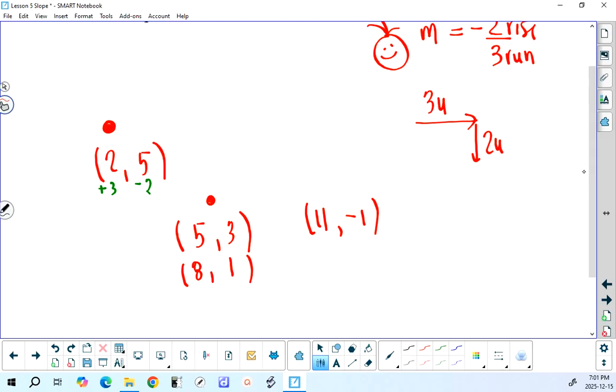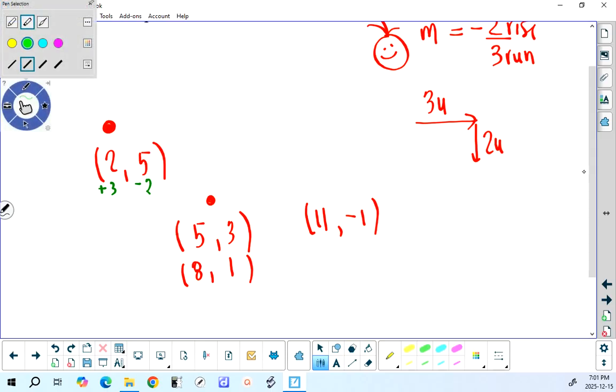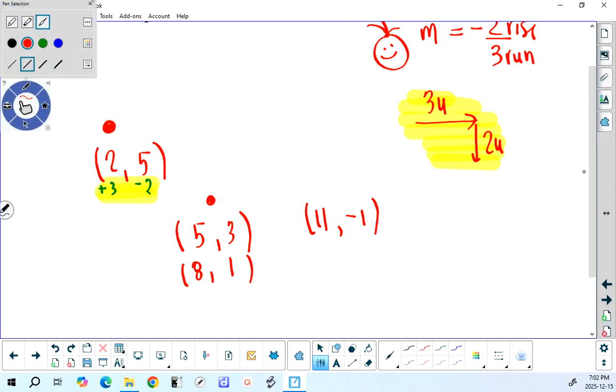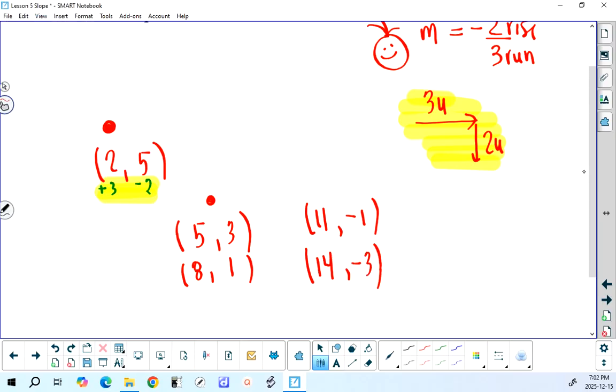So I'm continuing to apply this rule of adding 3 to x and taking 2 away from y because of this diagram. So from 11, -1, I add 3 to 11 and get 14. I take 2 away from -1 and get -3. So there are 4 other points.